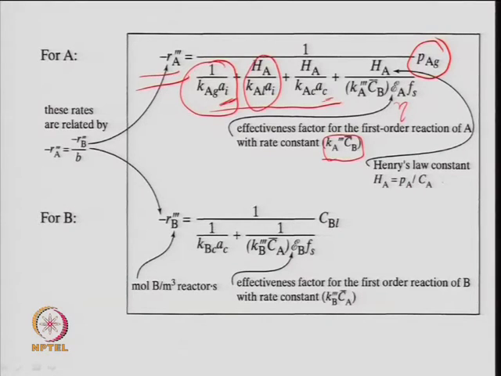So, PA is equal to HA times CA, and again depending upon the solubility of the gas. So, as I said, if the gas is highly soluble, its Henry law constant is low. If gas is sparingly soluble, that is very difficult to dissolve in the liquid, then its Henry law constant will be very high, right. So, one can again design the system depending upon the solubility of the gas, or give the high pressure, because at high pressure your solubility will be high.